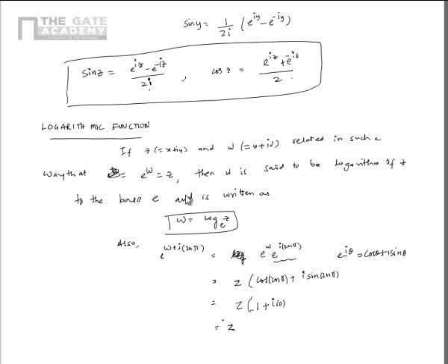Okay, so e power w is z, and we know that e power w plus 2 i n pi is also z. So we can write log z is equal to log of w plus 2 i n pi.